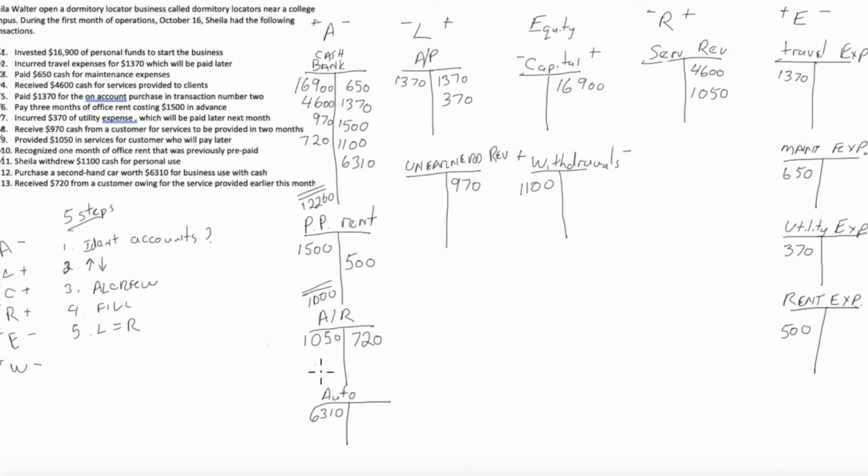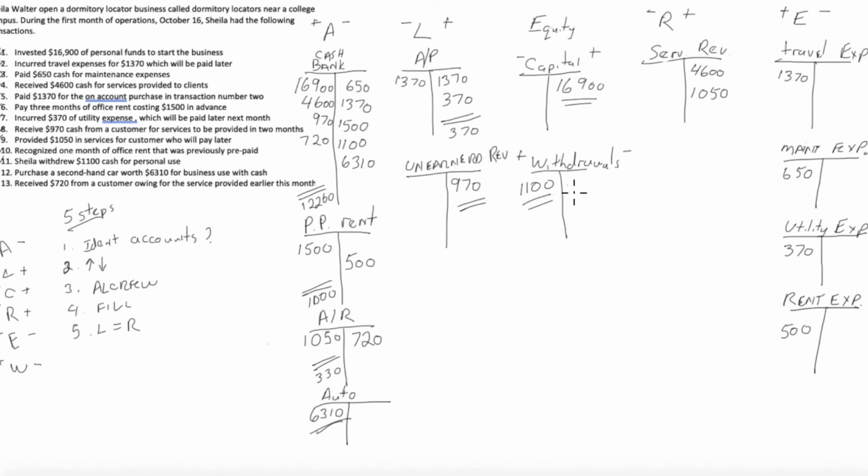We'll have accounts receivable still owes us $330. And the auto hasn't changed, there's no more. Accounts payable. We still owe $370. Our unearned revenues, that job that we didn't do, is still owed. There's nothing more. Capital is $1,690.